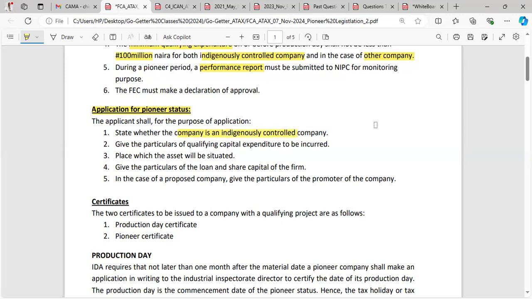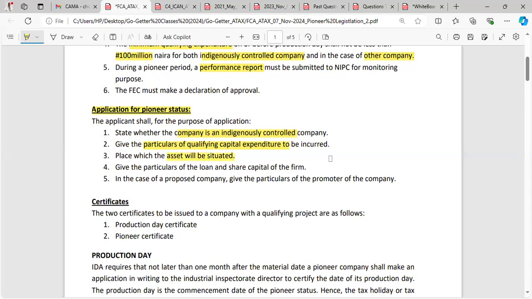So there's a column where you fill that. Then you will give the particulars of the qualifying capital expenditure to be incurred. When you give the particulars, you give the name of the asset, the type of asset, the cost. Then the place where the assets will be situated.